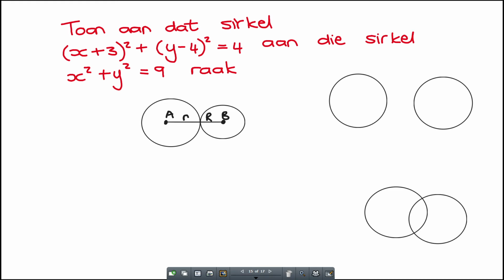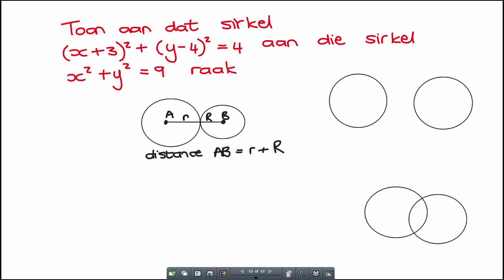Nee? Okay, so if these two circles touch, then the distance of AB will be equal to big circle radius plus small circle radius. Do you guys agree? Want daai afstand gaan dieselfde wees as hierdie radius plus daai radius.